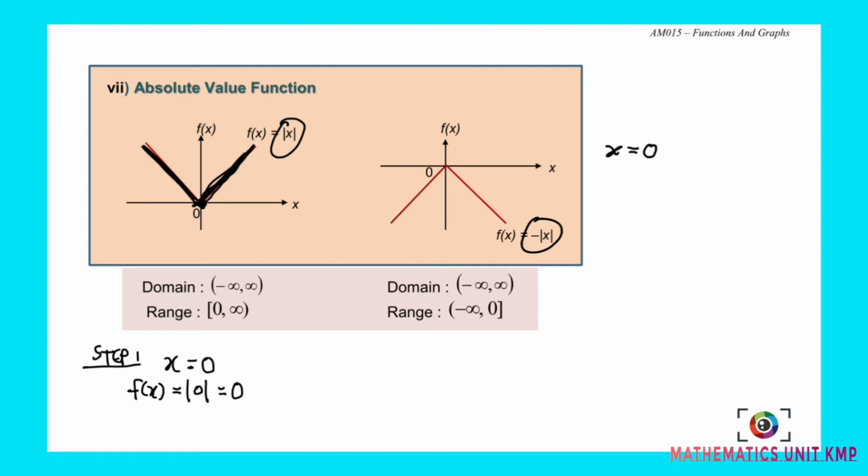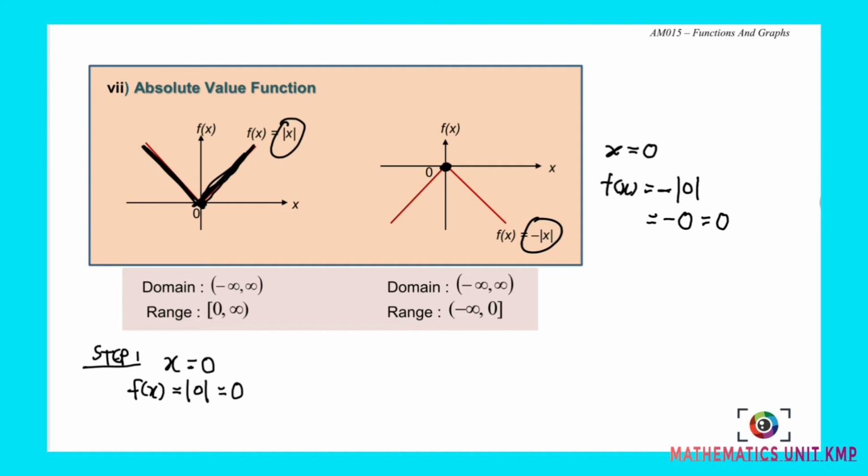So here when x is 0, we sub the value of x back into the function. f(x) equals negative modulus 0, which is still negative 0 or 0. So the coordinate for the vertex of this graph is still the same, (0, 0).